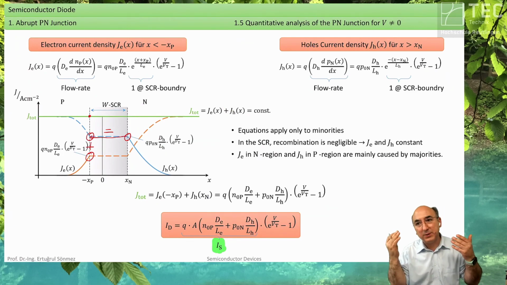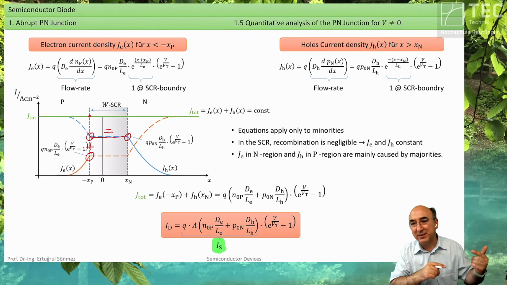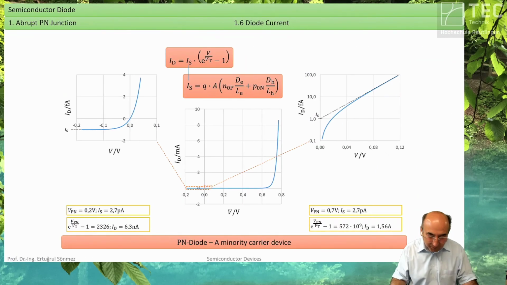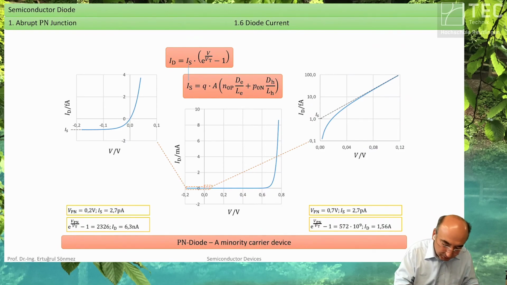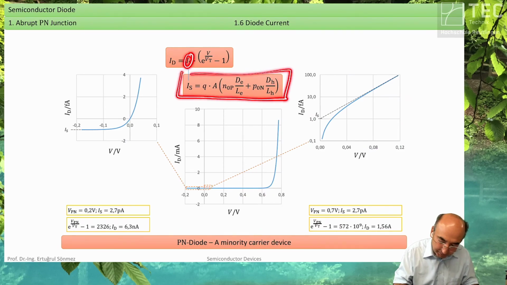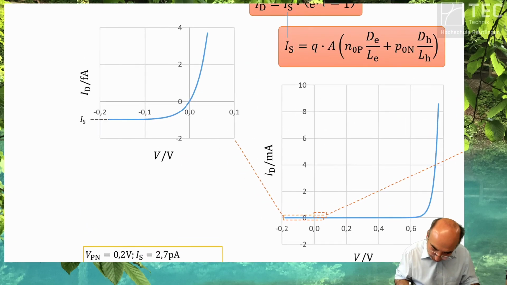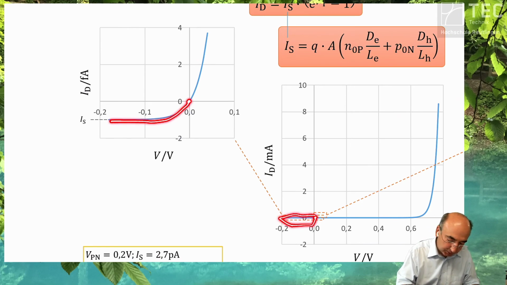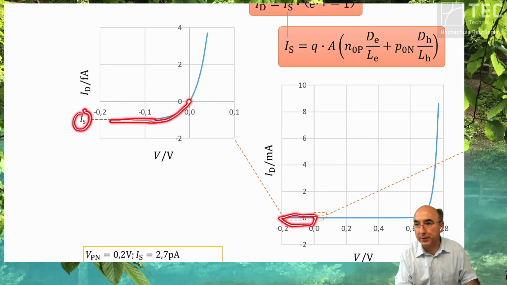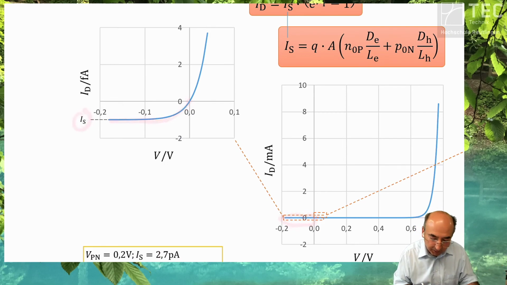some teasers to think about how a diode works. Okay? And plotting these equations, so the saturation current, I have copied here again. And we see that in the reverse polarity, the current at 0 volt is 0 and it is constant. This constant value is the saturation current. We can't avoid it.